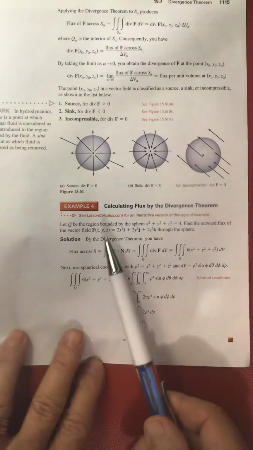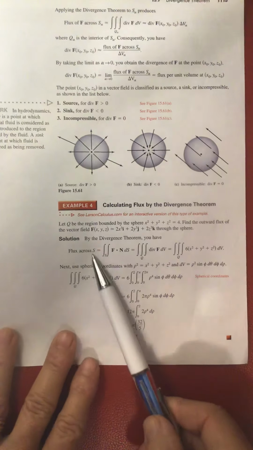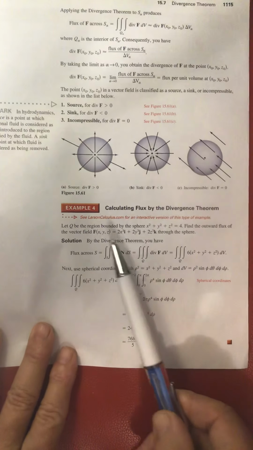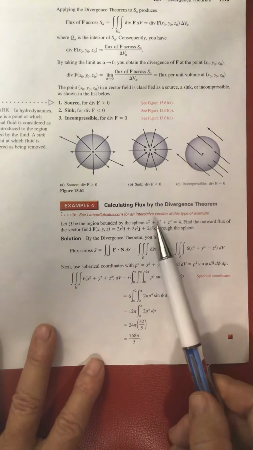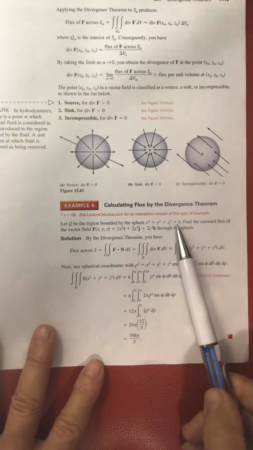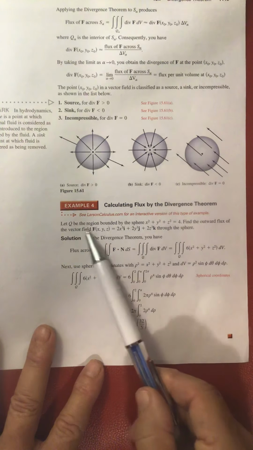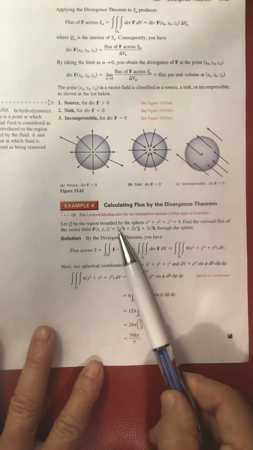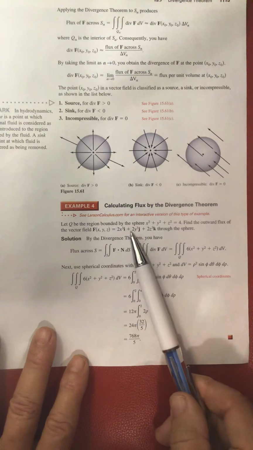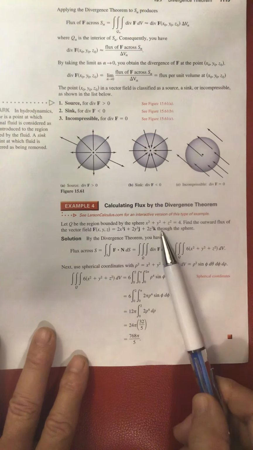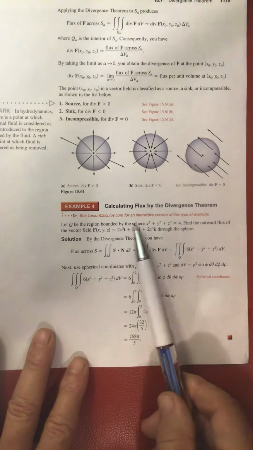So again, calculate the flux. That's that integral. We've got a region, x squared plus y squared plus z squared equals 4. Find the outward flux of the vector field 2x cubed i plus 2y cubed j plus 2z cubed k through that sphere.